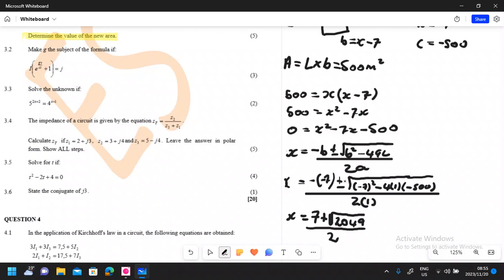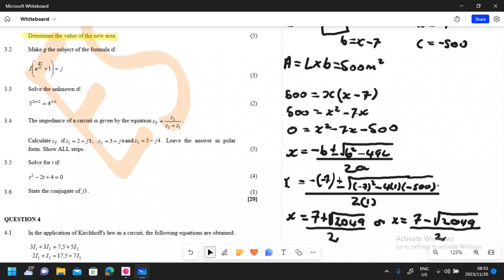So this is when we put plus here. What about when we have negative? It's going to be 7 minus, this time, the square root of 2049 over 2. Remember, this is minus because there we have minus.